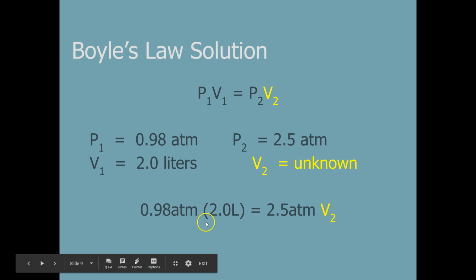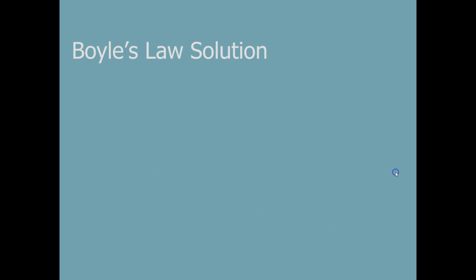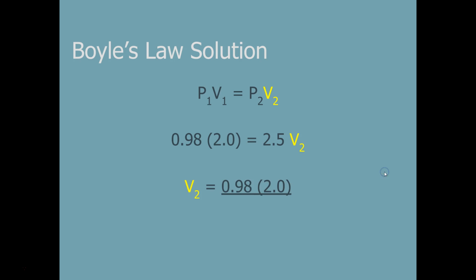P1 times V1 is equal to 2.5 times V2. So we take our 0.98, multiply it by 2, and divide by 2.5 to get V2. Our second volume in this problem is 0.78 liters.